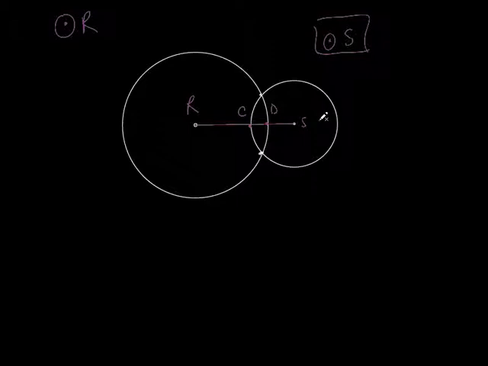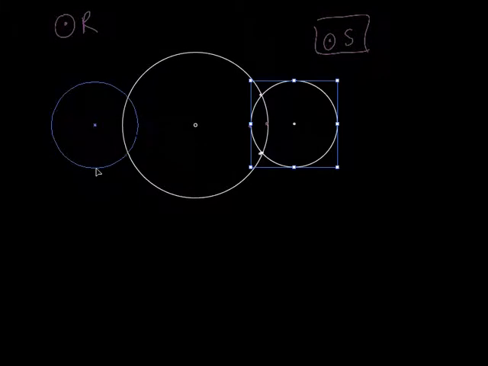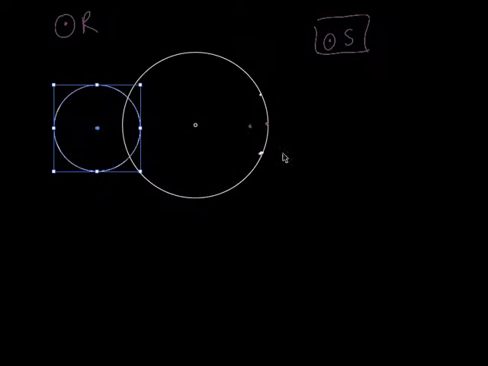They say the diameter of circle S, actually, I should have switched these around just to be consistent. Sorry about this. Because they have the little one on the left and the big one on the right. Let's just move it over like this, so it looks a little more like the one in the book.